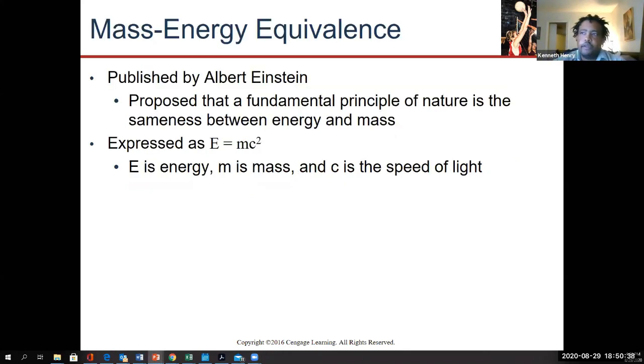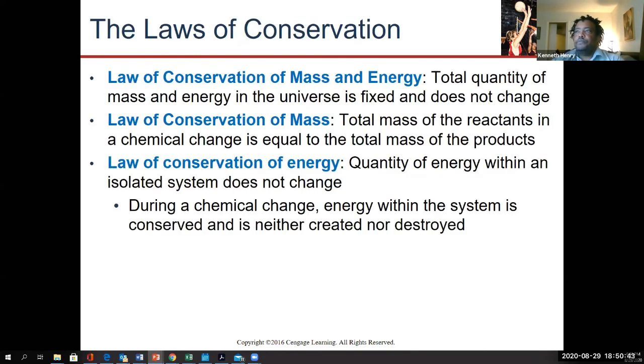So we've already talked about E equals mc squared. The law of conservation of mass says that in a chemical reaction, what you put in, you have to get out at the end. And the law of conservation of energy says basically the same thing: the energy that you put in the system has to be conserved.